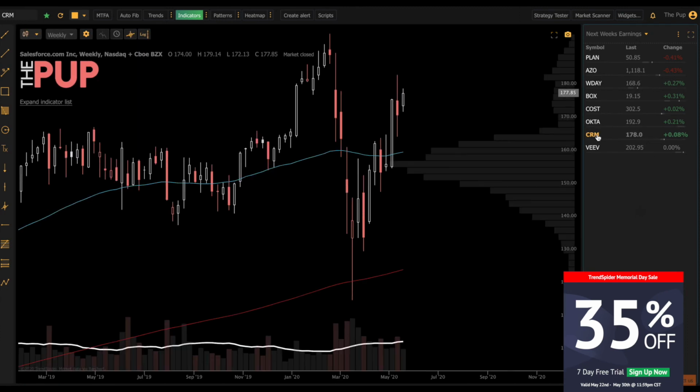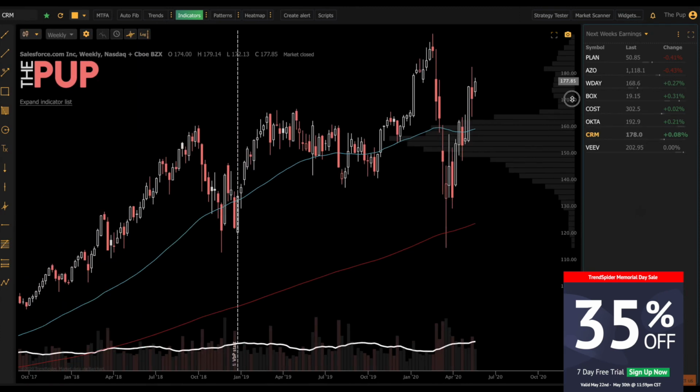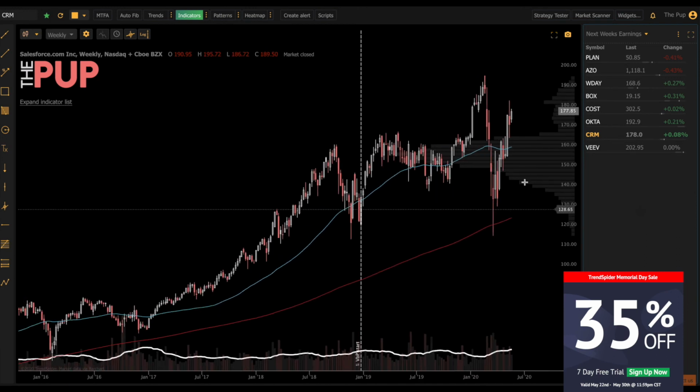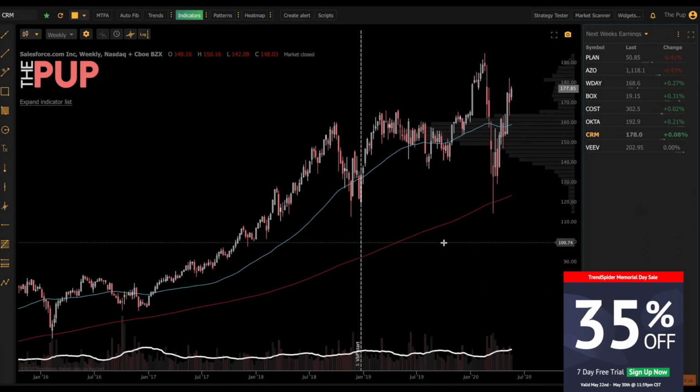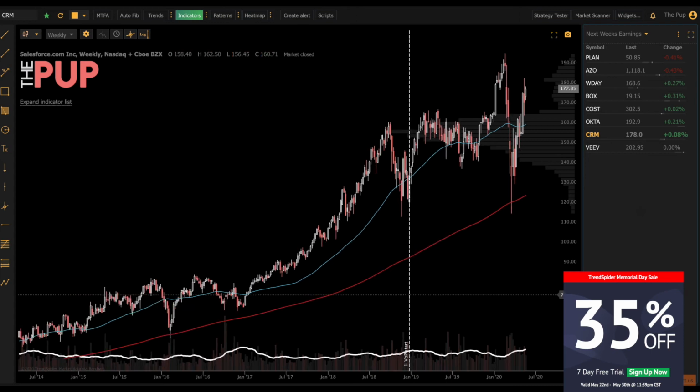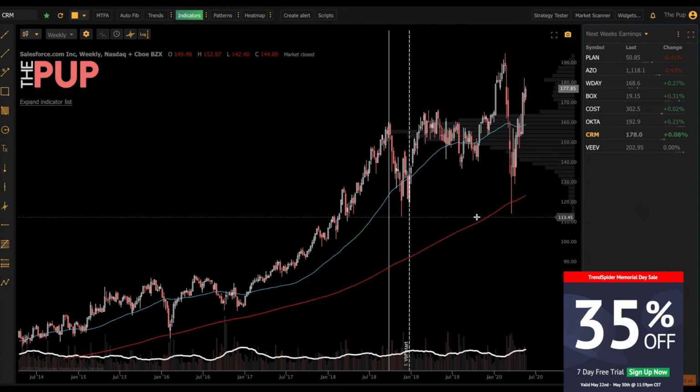All right, so CRM, let's take a quick look at that. CRM, or Salesforce, the gold standard in customer relationship management software. You could see buying this 200 simple moving average pullbacks has been really, really profitable for long-term trades.